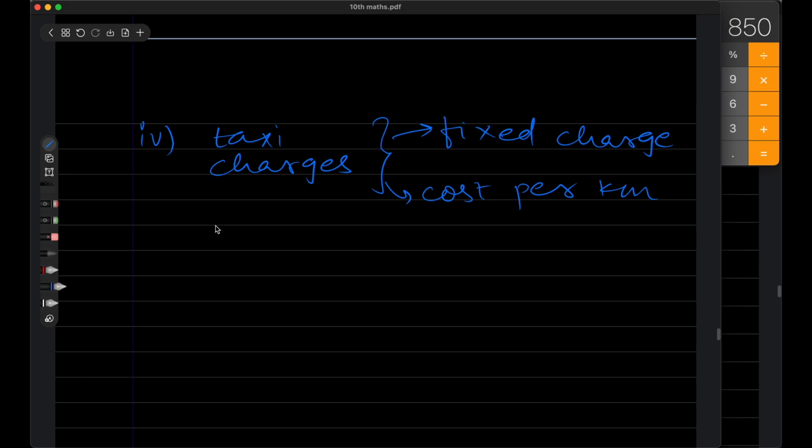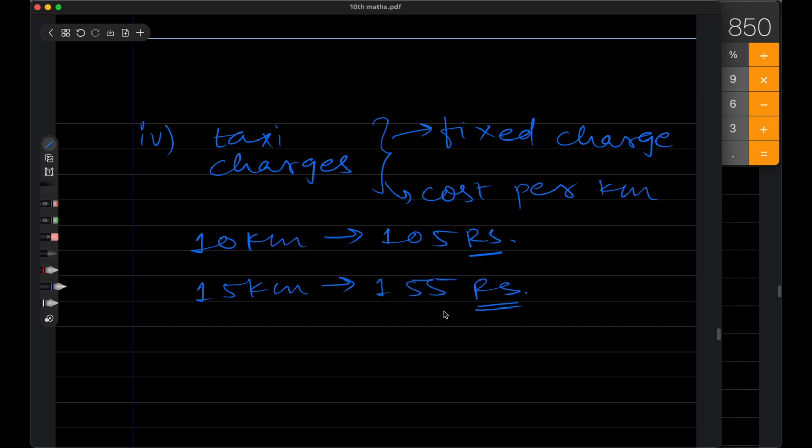Now for a distance of 10 kilometer, charge paid is 105 rupees, and for a distance of 15 kilometer, the charge paid is 155 rupees. What is the fixed charge and the charge per kilometer?